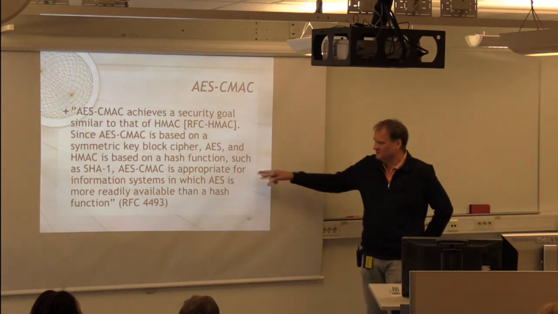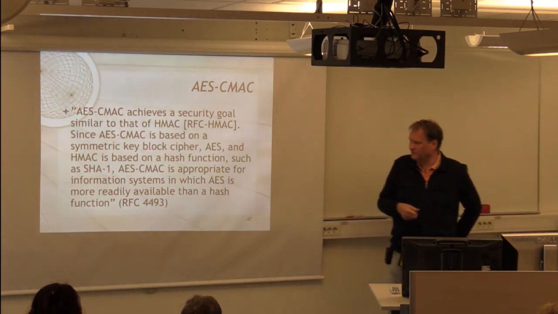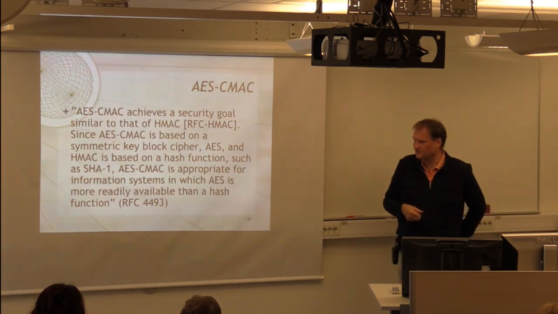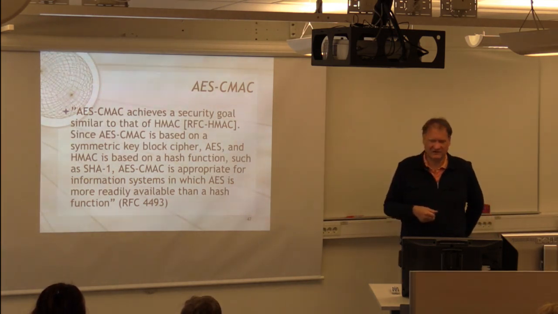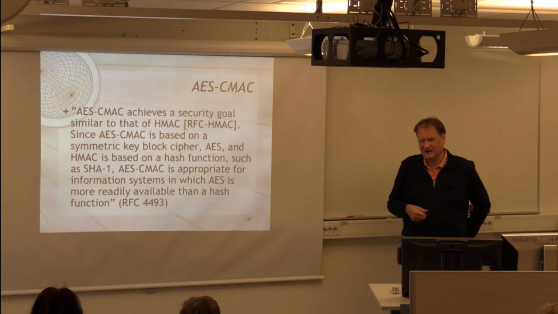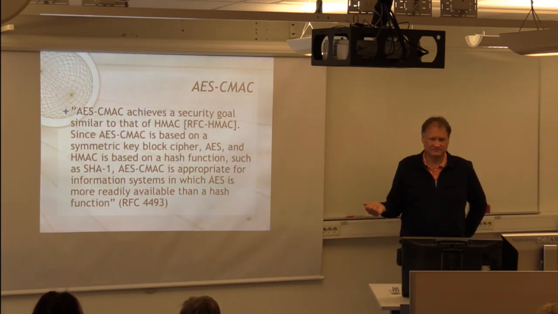But AES CMAC is appropriate for information systems in which AES is more readily available than a hash function. So the idea is that, okay, if you're already using AES, why not use it also for the message authentication code?